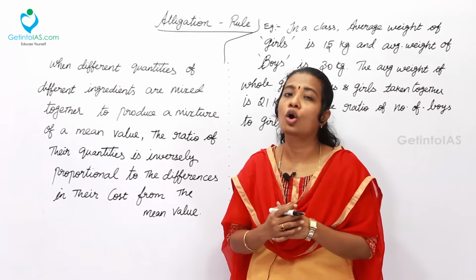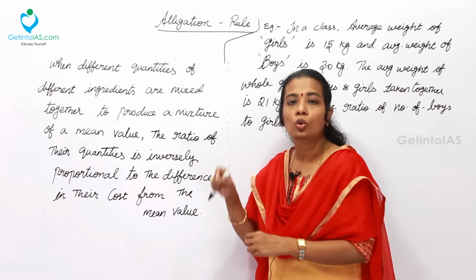The definition is: when different quantities of different ingredients are given, they are mixed together to produce a mixture of mean. Say, for example, the average of group A and the average of group B are given, along with the overall average. Then you want to calculate the ratio of their quantities.